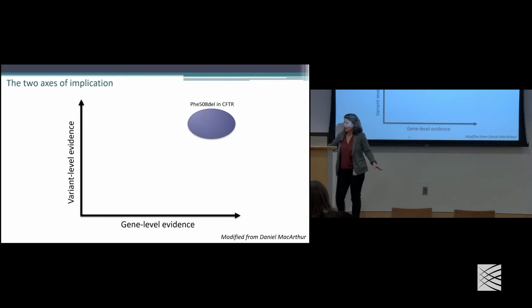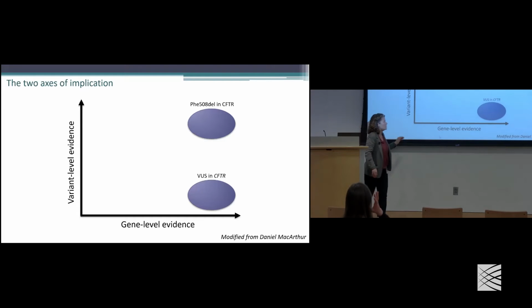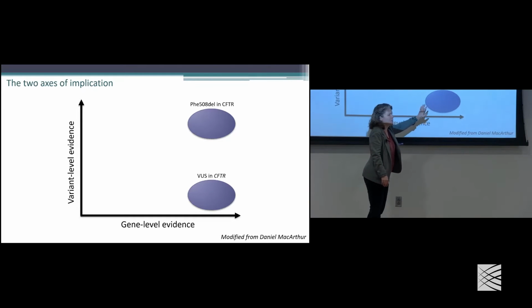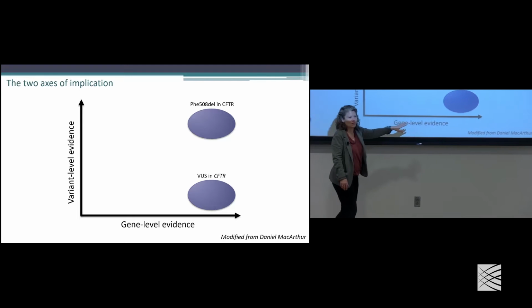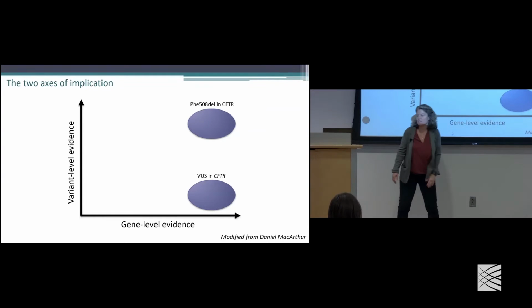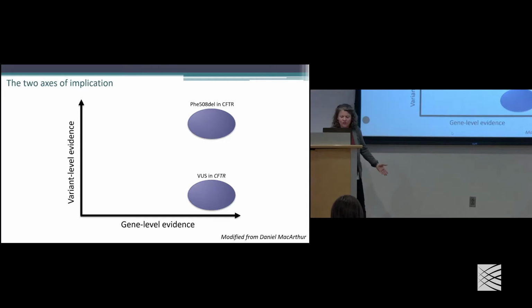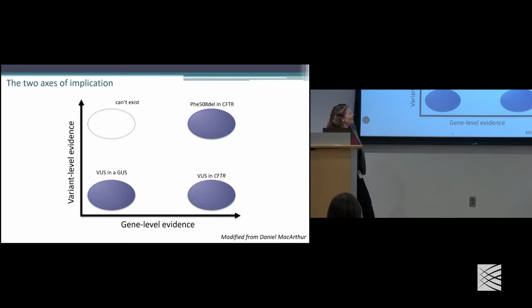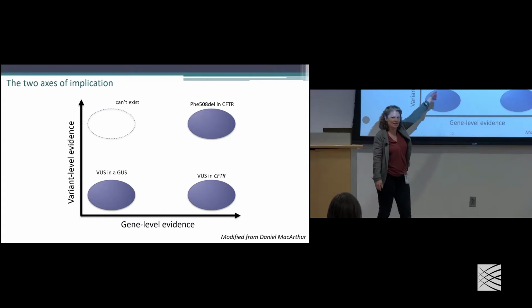So lots of evidence on both dimensions. Of course, in every gene, whether it's well-established for a disease, we constantly find variants of uncertain significance. That is common, very low variant level evidence, despite the fact that the gene is clearly associated with disease. Of course, there's lots of variants throughout our genome in genes we don't understand. So the goose and the goose, as some people call it. However, this category can't exist.